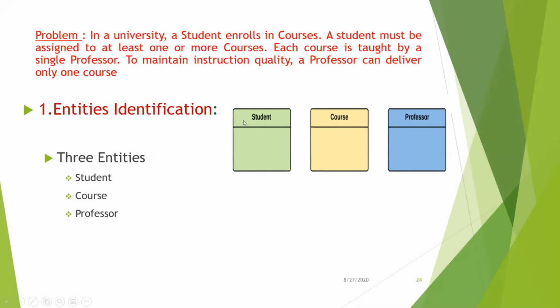Here I wrote the names inside the rectangles: student, course, professor. Here we are going to write the attributes. So how many attributes are there? Now I want to separate the name of the entity and the attributes. That's why I wrote the entity name at the top position for each and every entity. This is the first step.